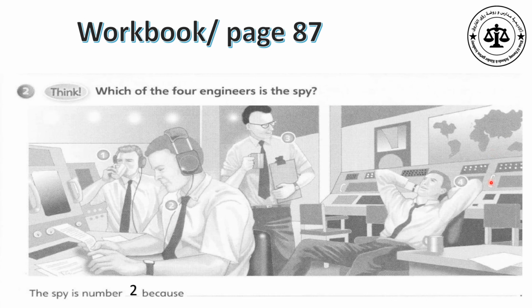Why? Do you know why? Because he isn't drinking any tea. Look at the picture. All of the engineers 1, 3 and 4 are drinking what? Tea. Except number 2. So I think he is the spy.